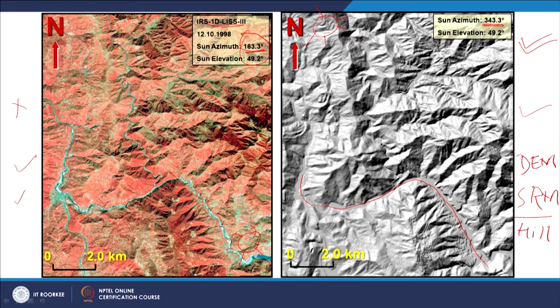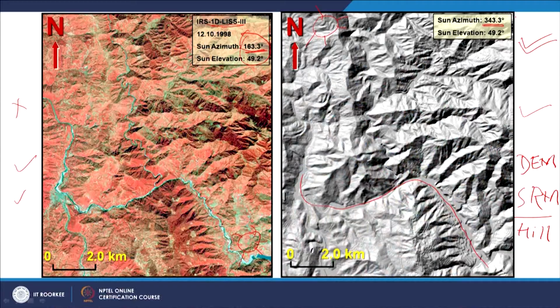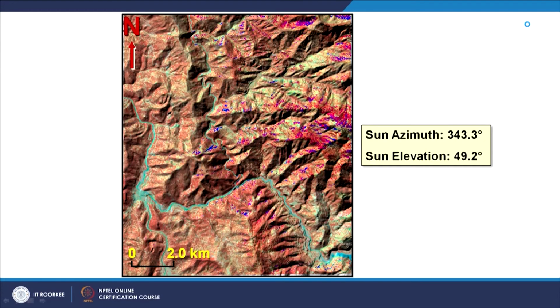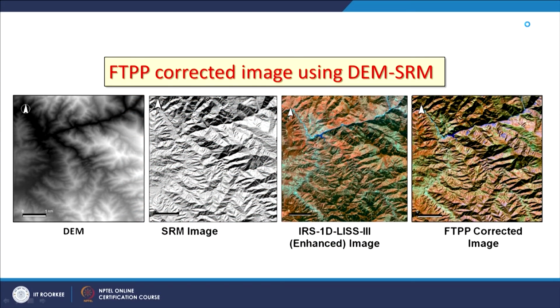But if you want to solve some other problems, then you may choose any angle, and these two angles can create a 3D perspective view like this. So this is what you are seeing here. On the first left, you are seeing a digital elevation model, which is completely featureless, or bare. Then you are seeing a shaded relief model or hillshade, so illumination has been added from the northwest direction.